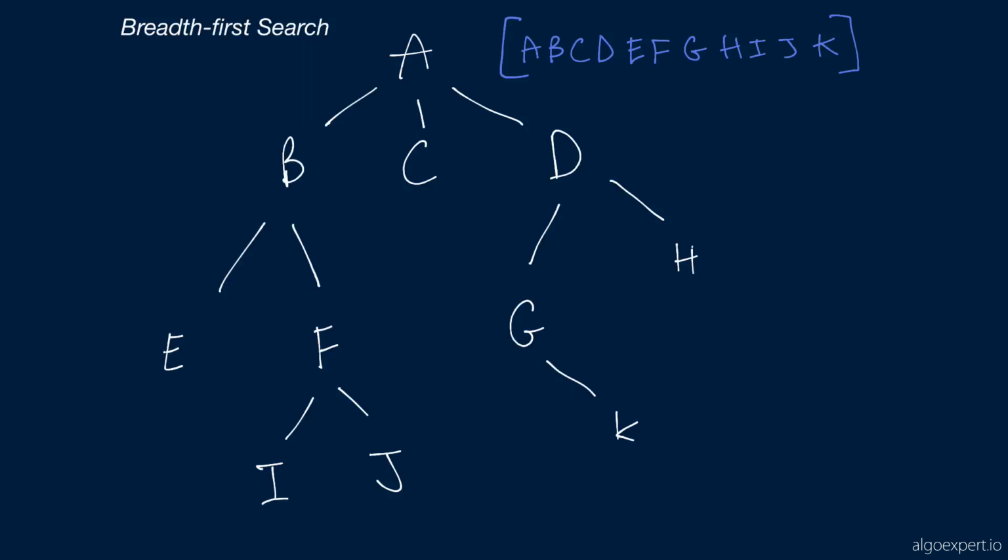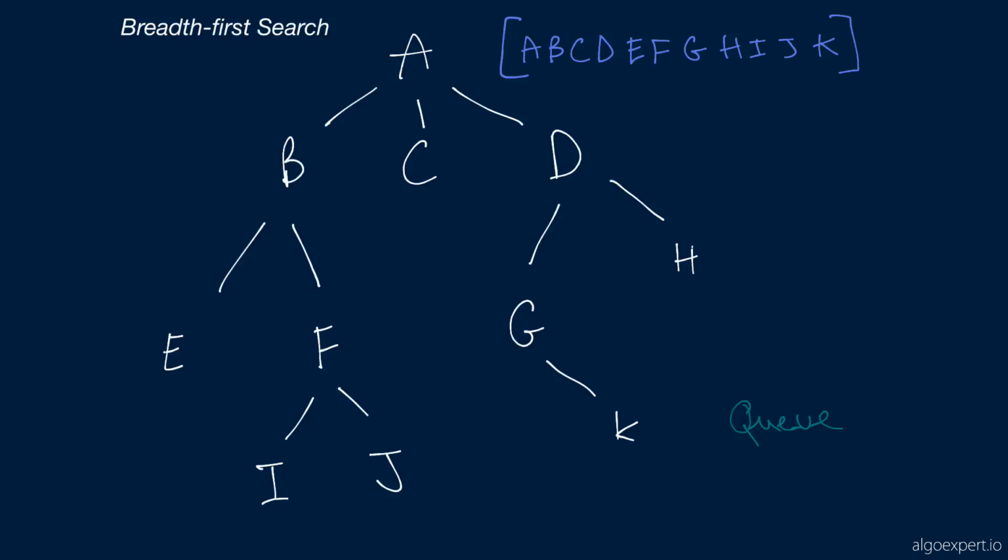But the way we can make this pretty easy to solve is by using an additional data structure called a queue. So I'll write it here in the bottom. We're going to be using a queue. If you're not familiar with queues, I would definitely encourage you to look up the category queue that we have here on algoexpert.io. We've got a few questions on those.